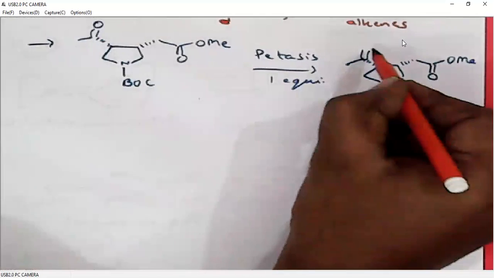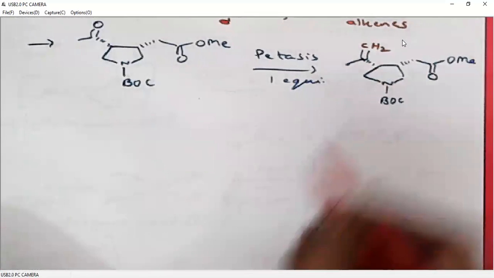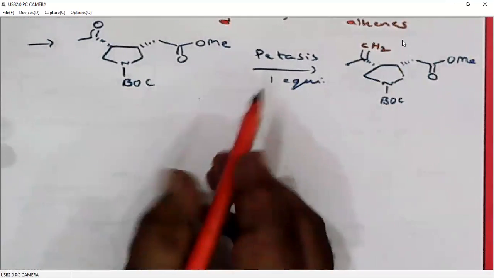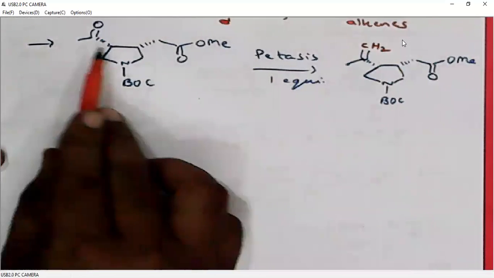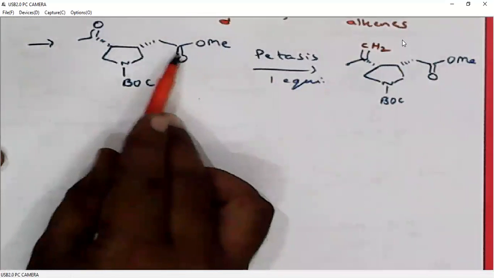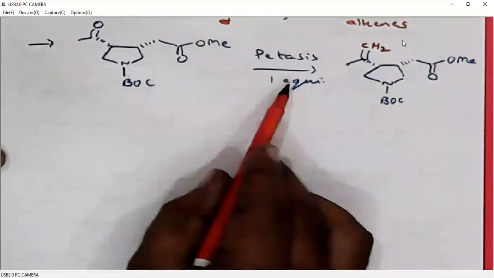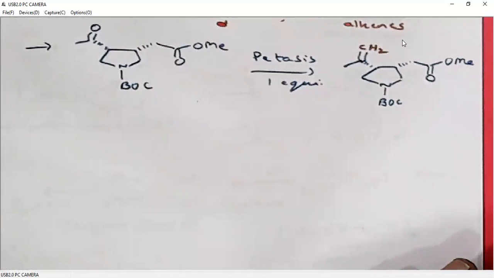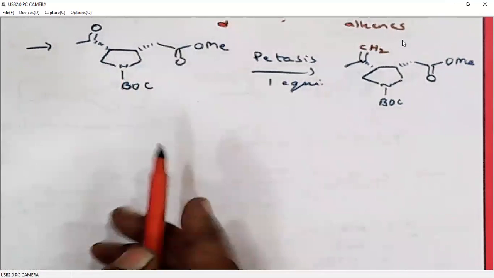So ketone will be converted to alkene, and the ester will remain. When we use excess reagent, both the carbonyls can be converted to alkenes, but when we use one equivalent, it is also possible to differentiate between two different carbonyls.